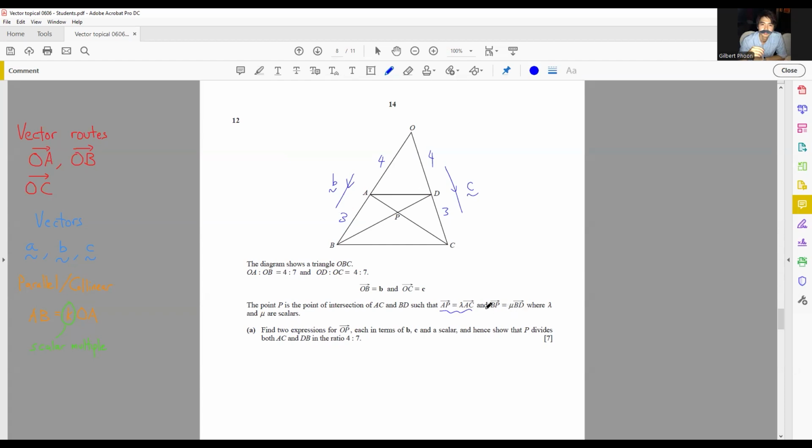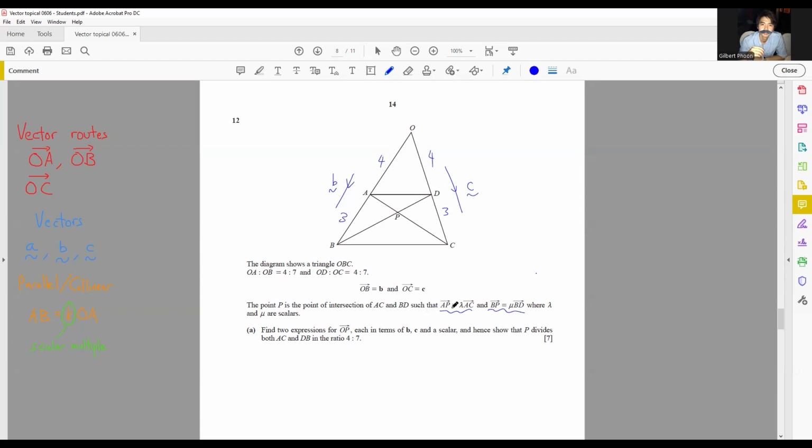Now, usually I would highlight these two words because these are what we are going to be looking for in all the cases of this. Then the question is, find two expressions of OP, each in terms of B and C and a scalar, and hence show that P divides both AC and DB in the ratio of 4 to 7.